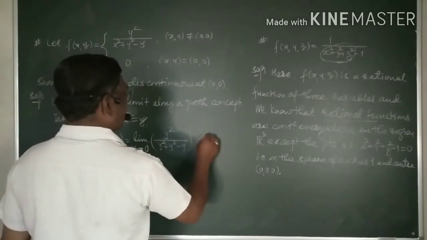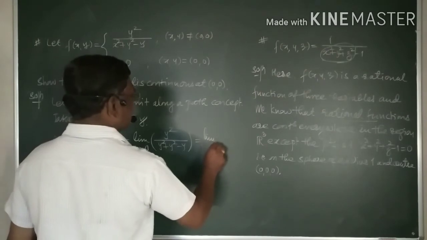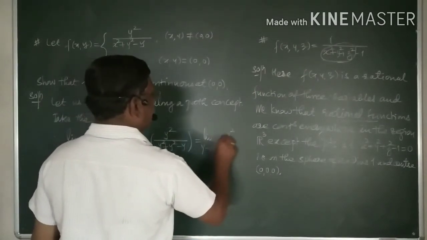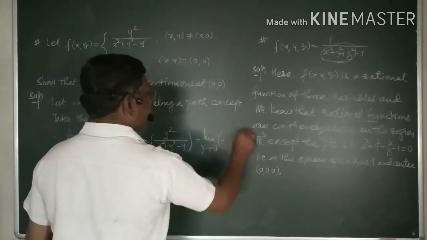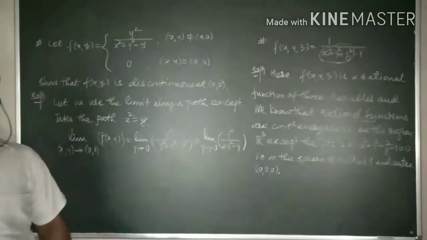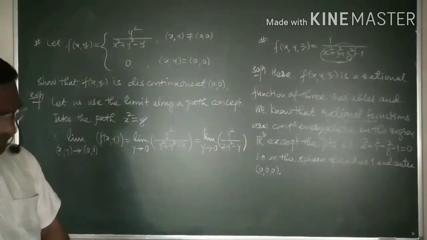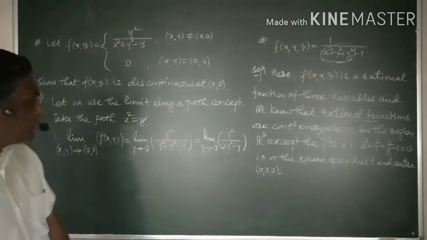This is what you have. Limit, let me write once again: as y tends to 0, y square upon 2y square minus y. Okay, and if I have this one, then let me have x square.